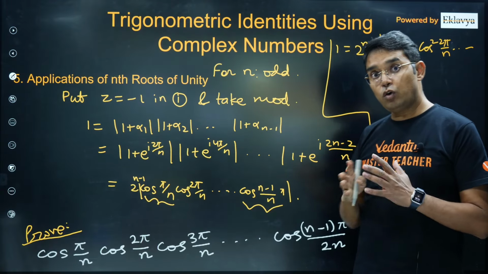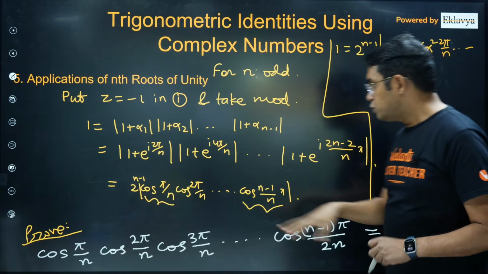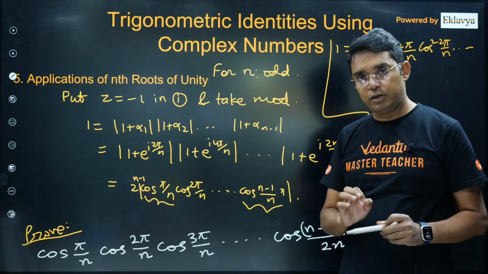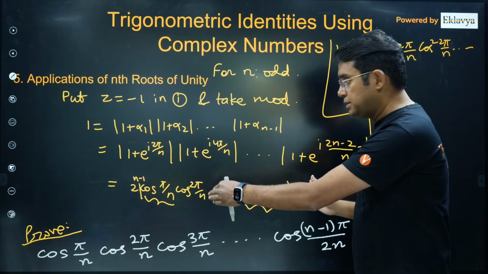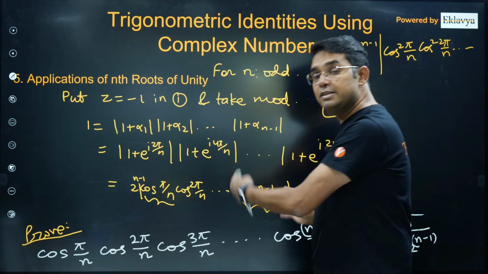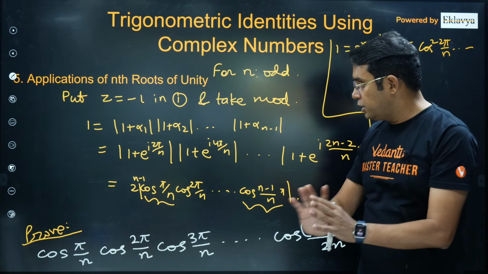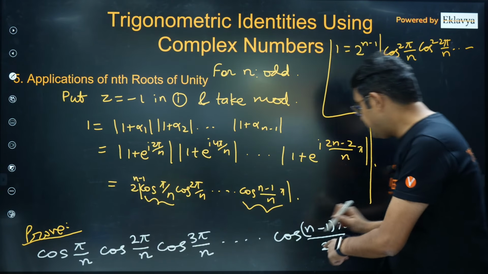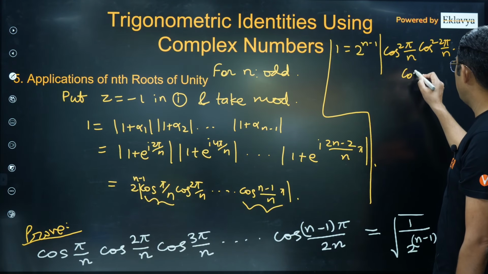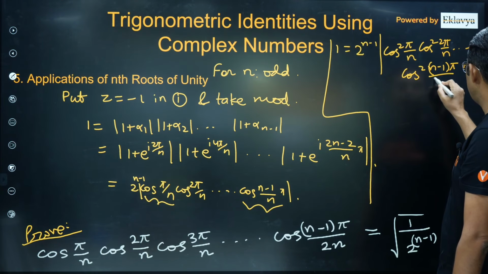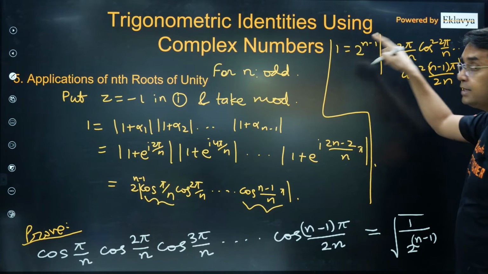Now because n is odd, these terms are n minus 1 in number, so they are a total even number of terms. So if you make pairs, first with last, second with second last, and so on, you will be able to complete all the pairs. There will be no terms remaining, and the last one, you can check, has to be cos square (n minus 1) pi upon 2n. Okay, this is equal to 1.